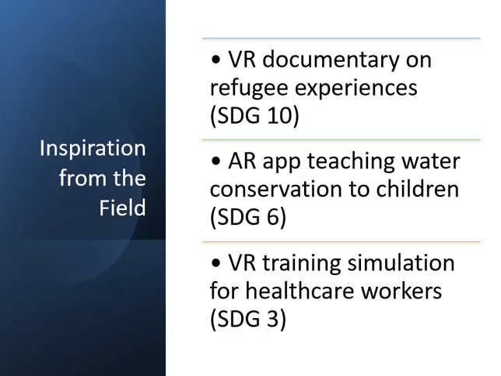Then there was another application that was developed to revive a dying language in Africa. So you can use these applications and technologies in whatever way and form that you would like to. It could also be an immersive training for healthcare workers, which would align with SDG 3, good health and well-being.